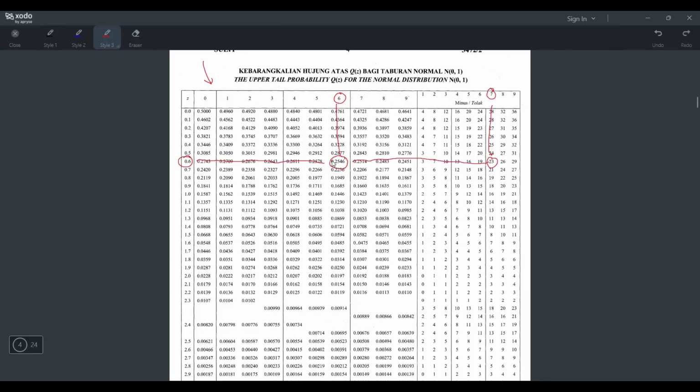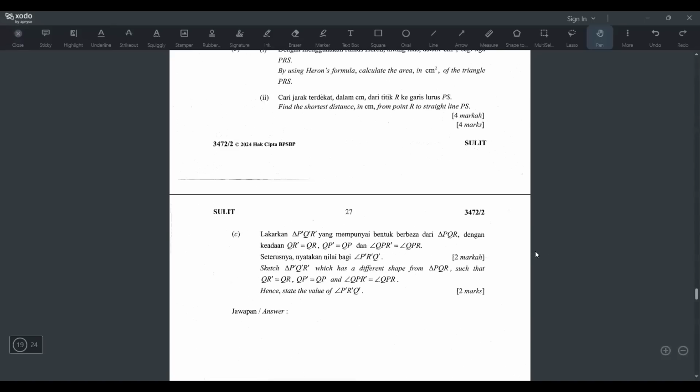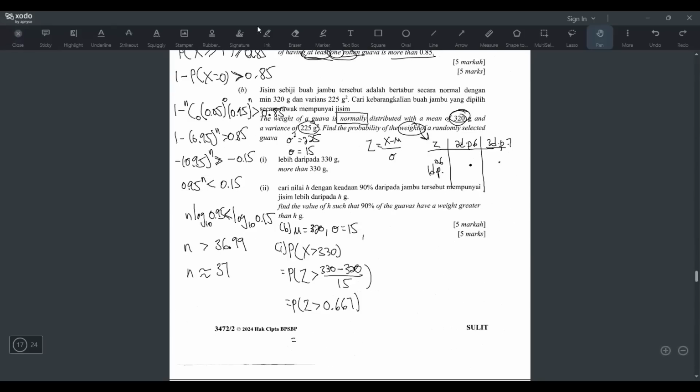Now you will take 0.2546 minus 0.2523. But when you subtract, just press 46 minus 23. So let me press. I get 23 also. So the answer is 0.2523. So now I will go back to the working and write this. Okay, this is the answer, 0.2523. So let's remember this and write it at the working.